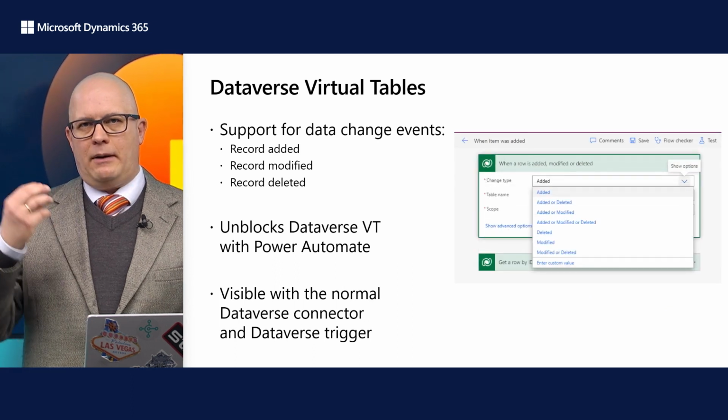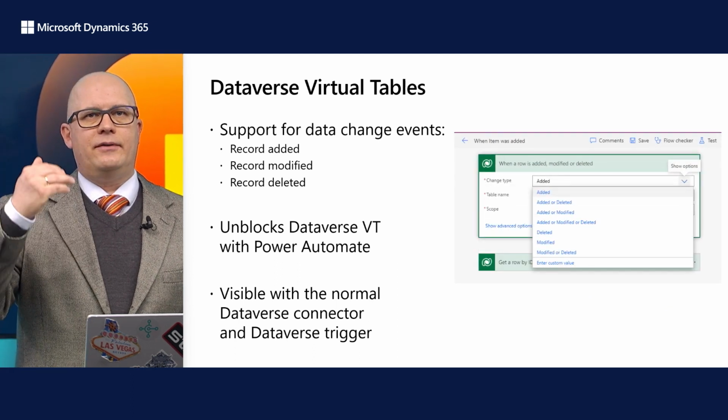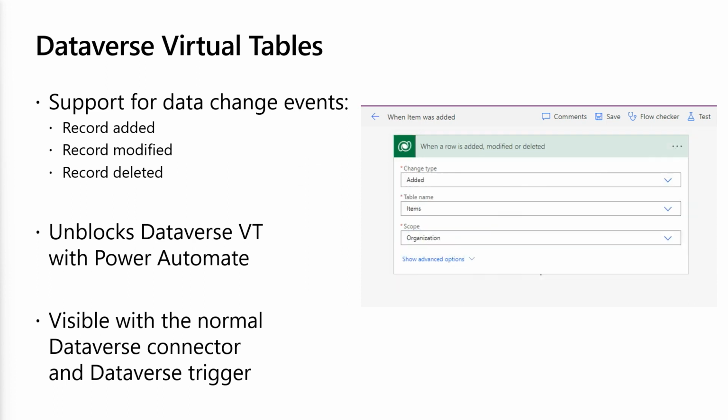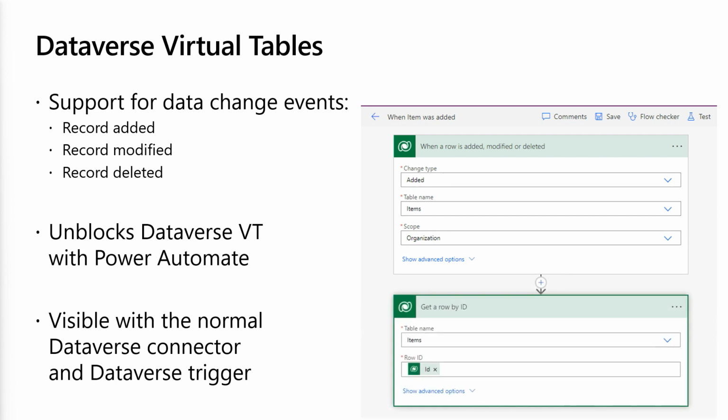When you use Power Automate, you will now have an ability to use the Dataverse trigger. So if you're building a flow in Power Automate using the Dataverse data change trigger, you have right now the ability to select the type of event and select the table that is actually a Business Central virtual table, and use the event.